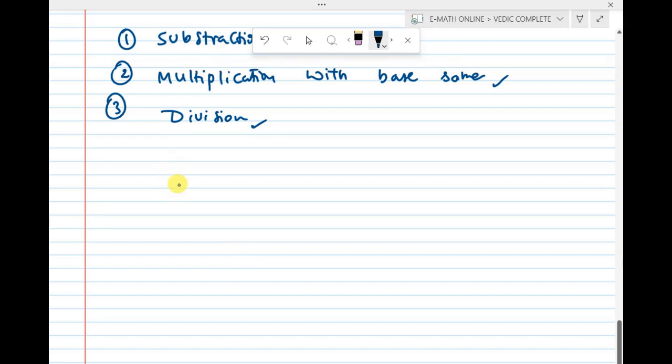So first will be subtraction. For example, take 1000, you have to subtract 234. Here we will use the Nikhilam procedure. According to this rule, the last digit will be subtracted from 10.